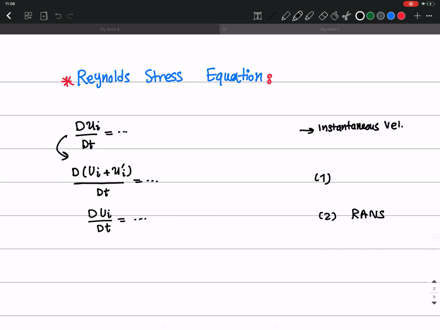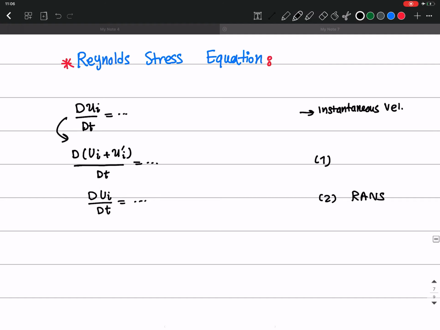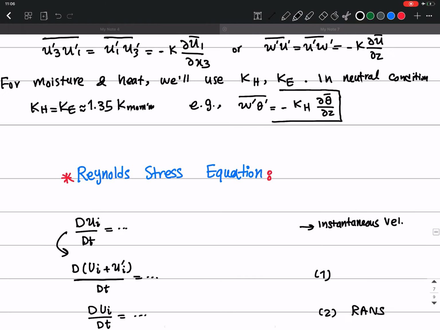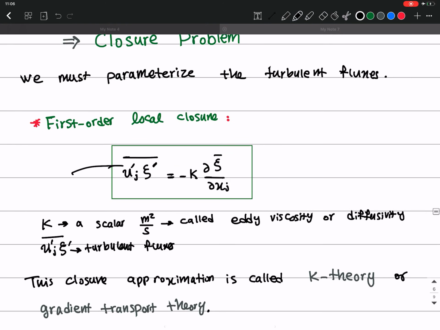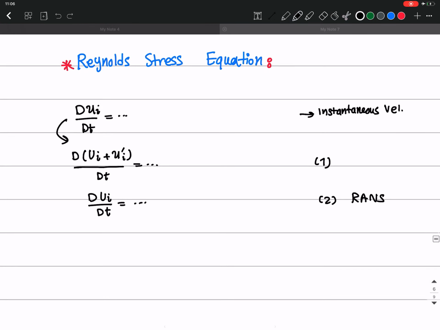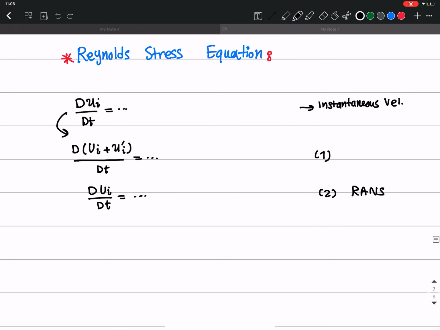Okay, so now the first thing I want to do to find an equation for these Reynolds stresses is to find an equation for fluctuations. In order to do that, I subtract 2 from 1, so 1 minus 2 is going to give me an equation for fluctuations, right?